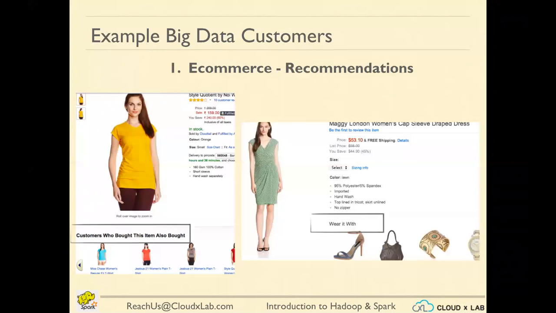One such example of a recommender is Amazon. At Amazon, you can see that there are various kinds of recommendations. Some of the recommendations are of the form, the people who bought this also bought that. The other kind of recommendations are, wear this with.